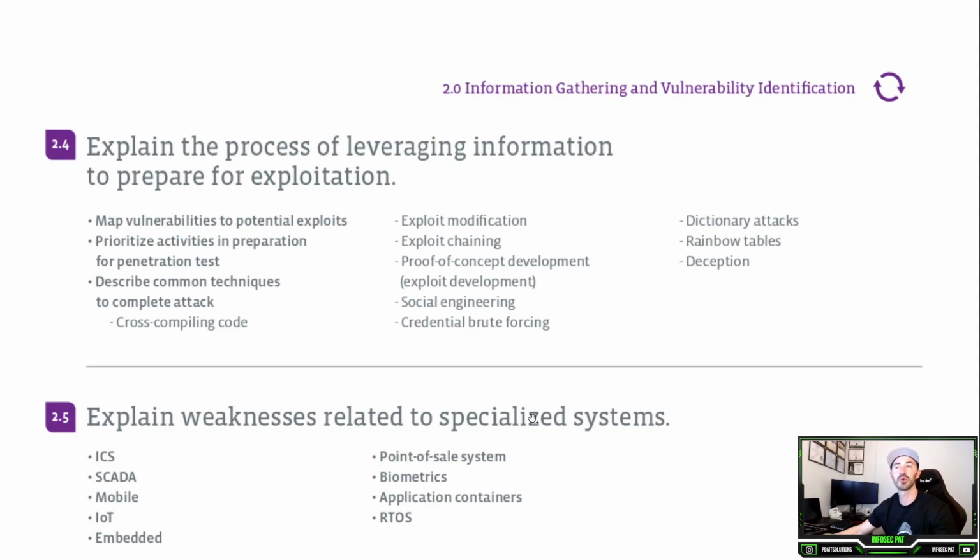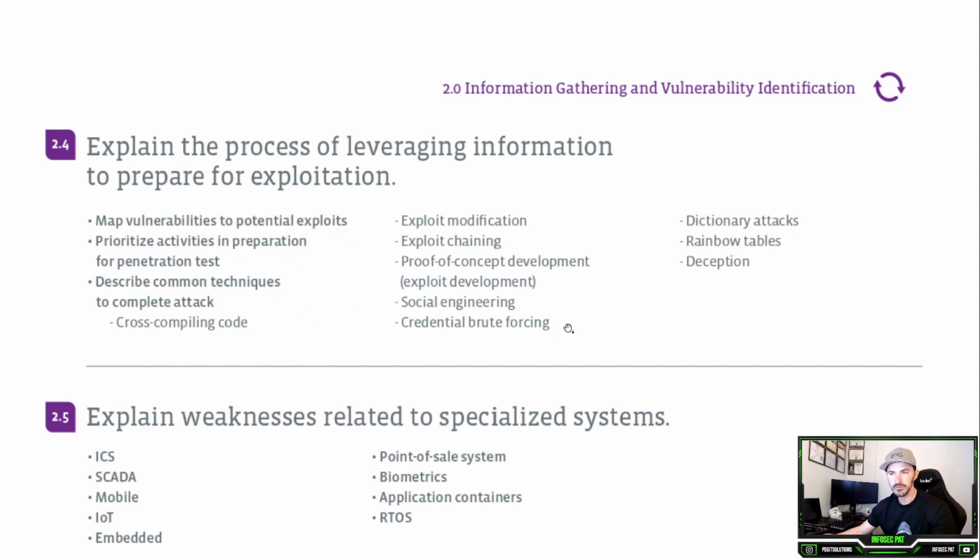And explain the process of leveraging information to prepare for exploitation. So map vulnerabilities to potential exploits. Once you run your Nessus or whatever, it's going to give you a CVE number. You can go on ExploitDB or SearchSploit in your Kali and see what exploits are available for that machine, and so on and so forth.